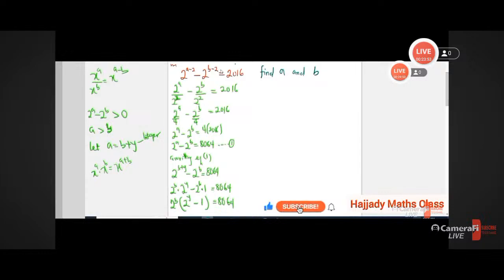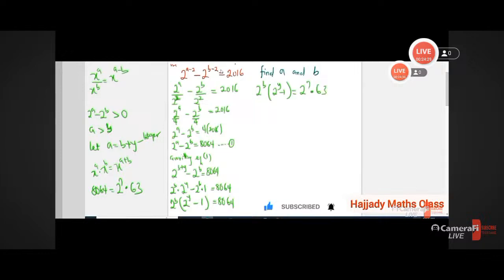Using the LCM method, which is going to be a long process, we are going to have that 8064 is equivalent to 2 raised to power 7 times 63. You can do this and you will see that this is equivalent to 8064. So I can transform this equation to 2 raised to power b into bracket 2 raised to power y minus 1 equals 2 raised to power 7 times 63.